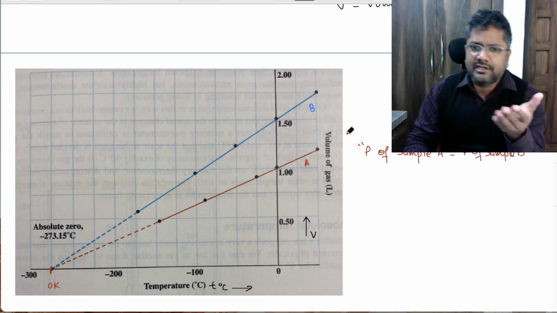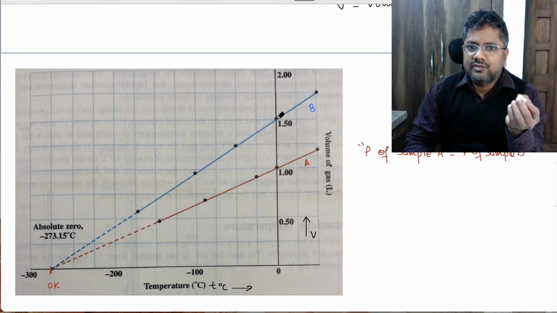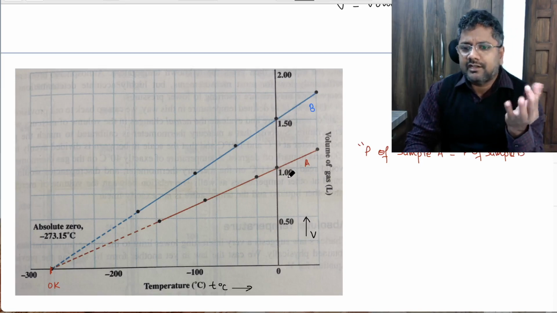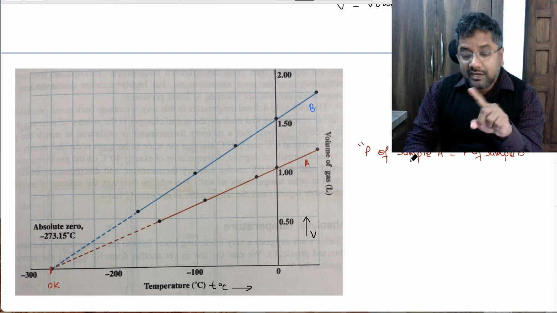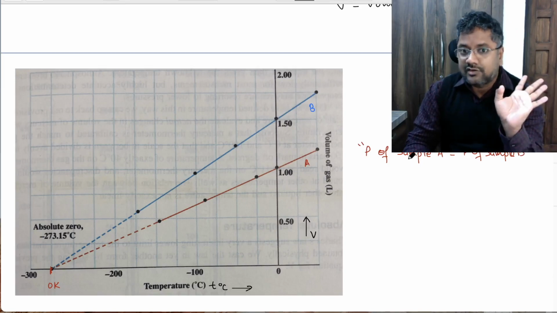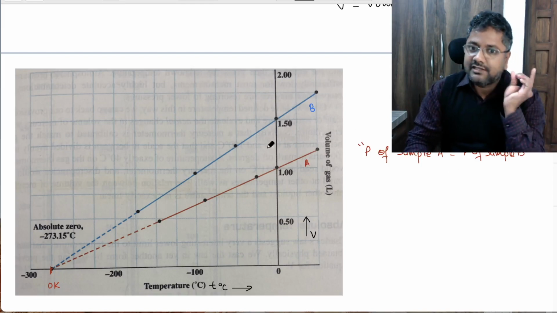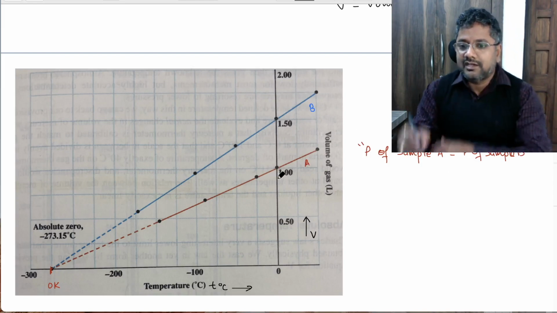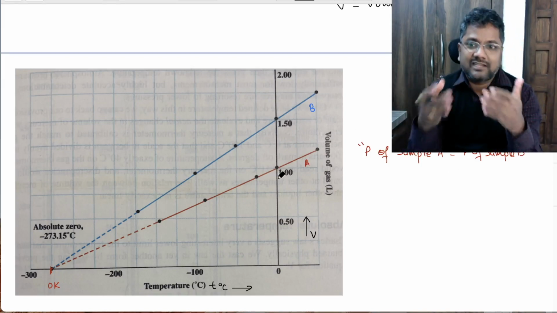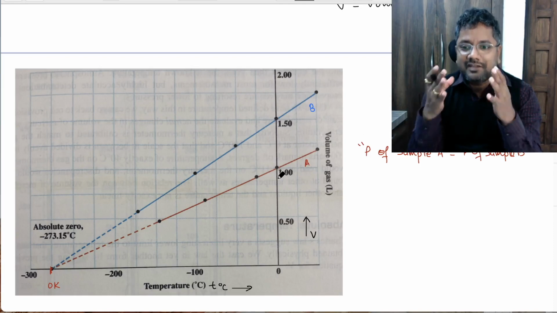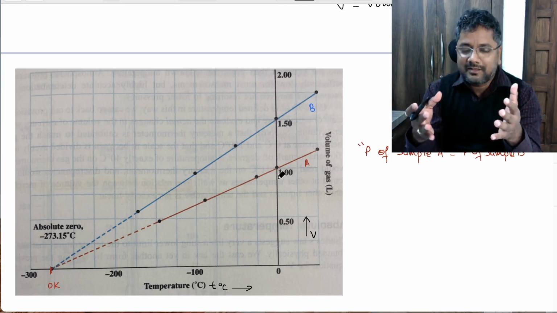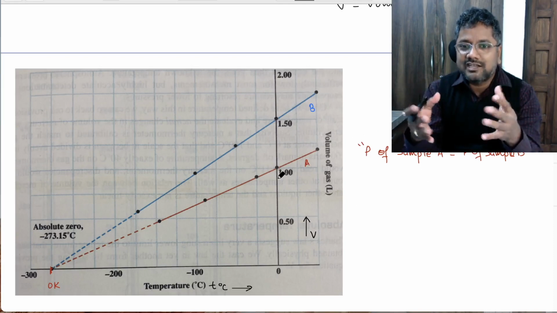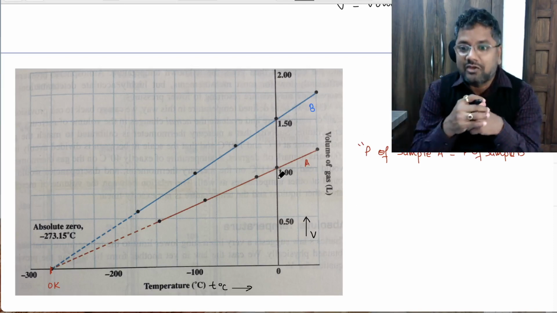So obviously, if pressure and temperature are the same but they have different volumes, they definitely have different numbers of moles. In a given sample, the number of moles and pressure are constant. So that's why these two graphs were given. It is not possible that pressure is the same, temperature is the same, the number of moles is the same, and you have a different volume.